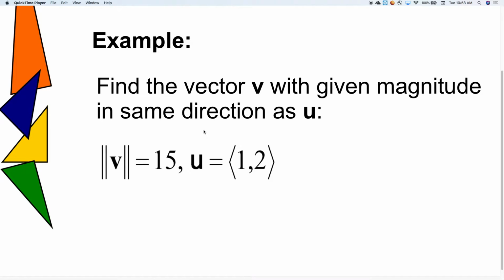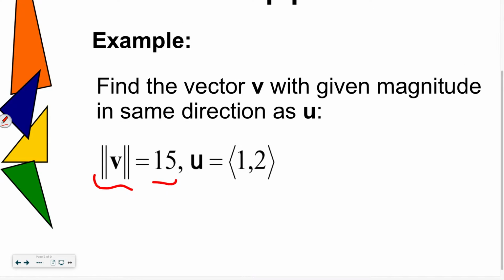Suppose we want to find the vector v with a given magnitude that goes in the same direction as vector u. So, pay attention here. Vector v's magnitude is 15. So this is the magnitude we want. We want magnitude 15.